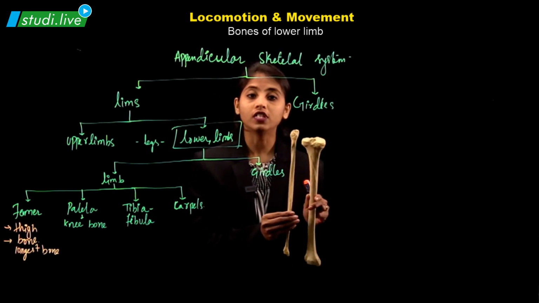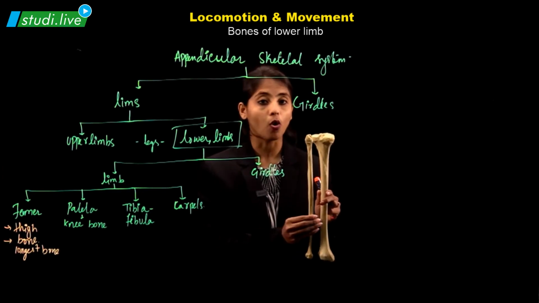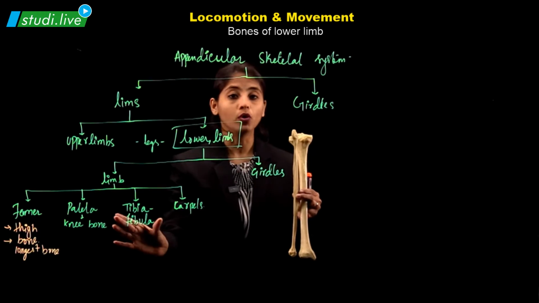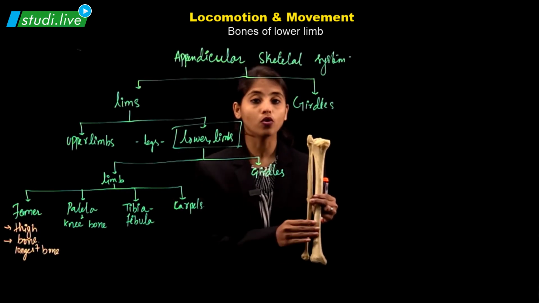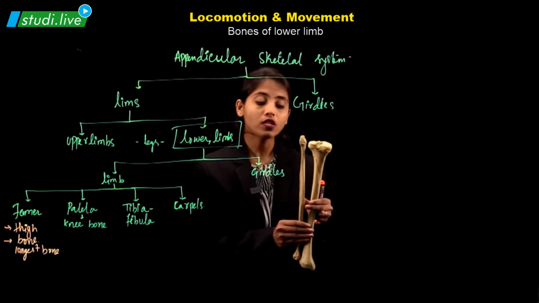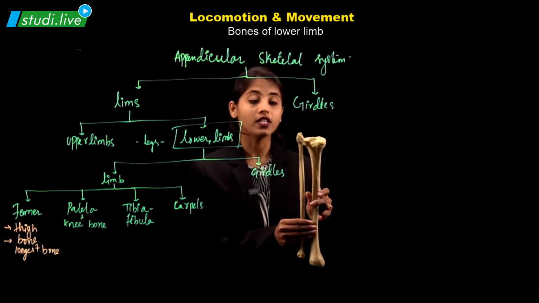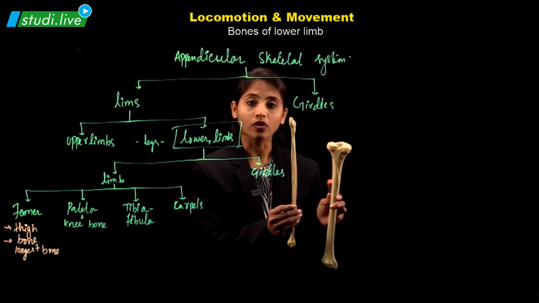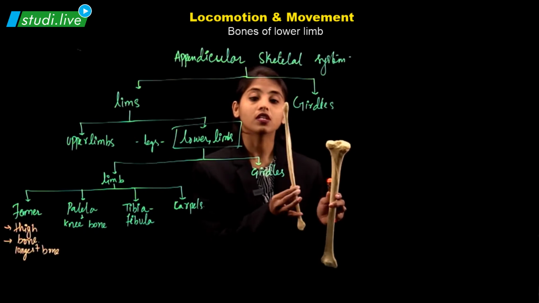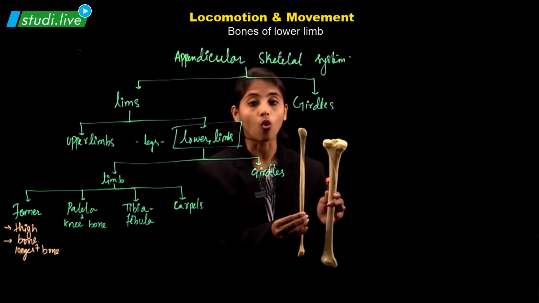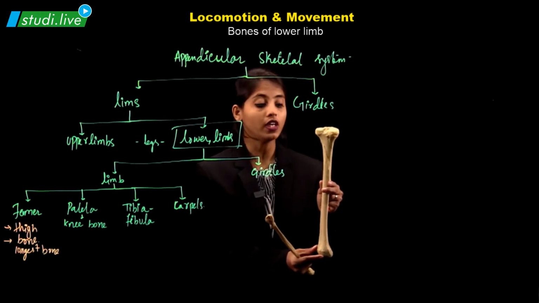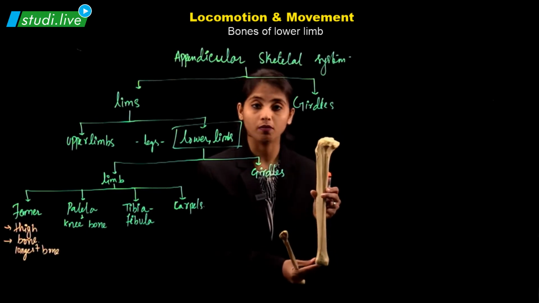Here I have the tibia and fibula, both the bones together. Basically, tibia and fibula is the lower bones of your legs. Also, as you can see, there is a difference in the structure. What is the difference? This bone, that is the tibia, which is comparatively the thin rod shaped, and this one, that is fibula, is comparatively the flat and the rod shaped.